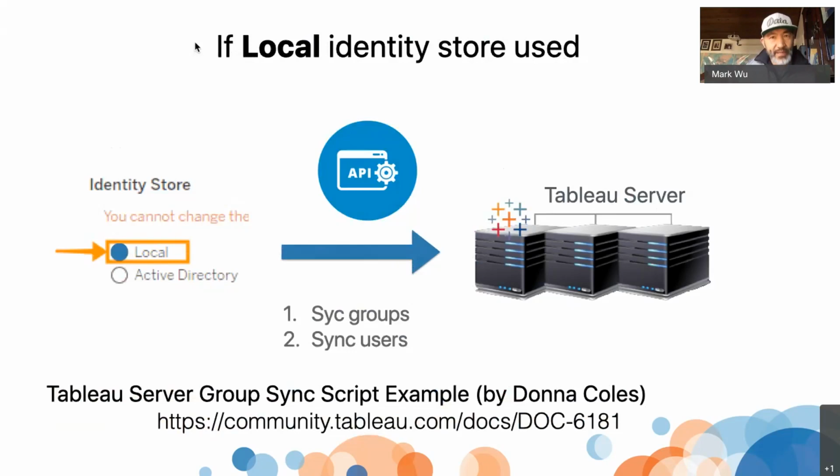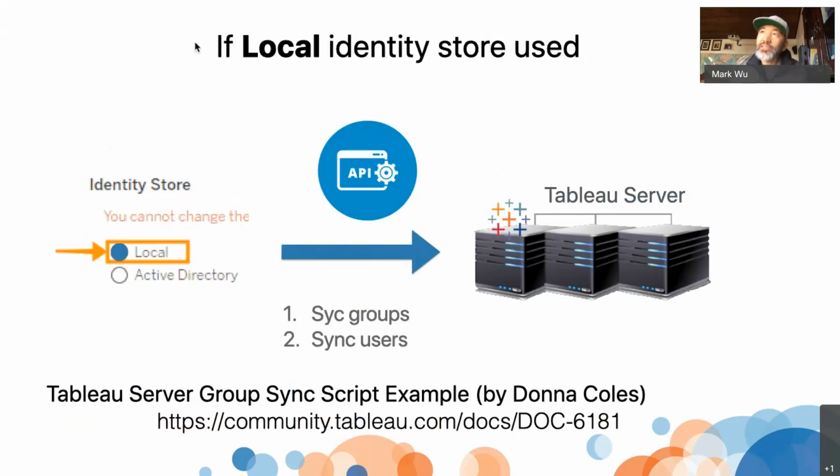Tableau has APIs for this. I'll give a link showing up here from Donna Coles. She has Tableau Server group sync script examples. You should be able to take them from here and modify them for your own company's directory sync.